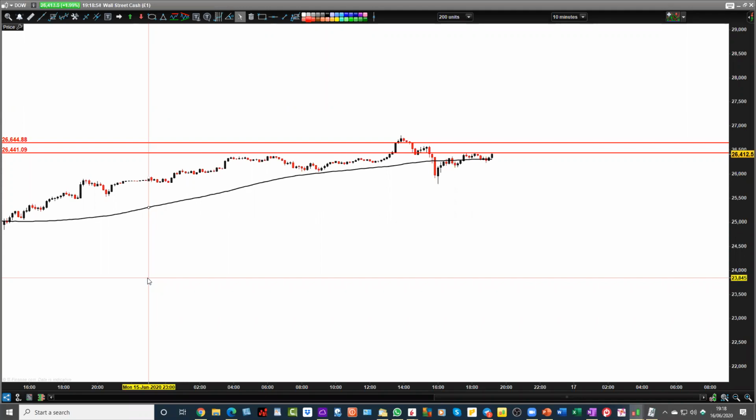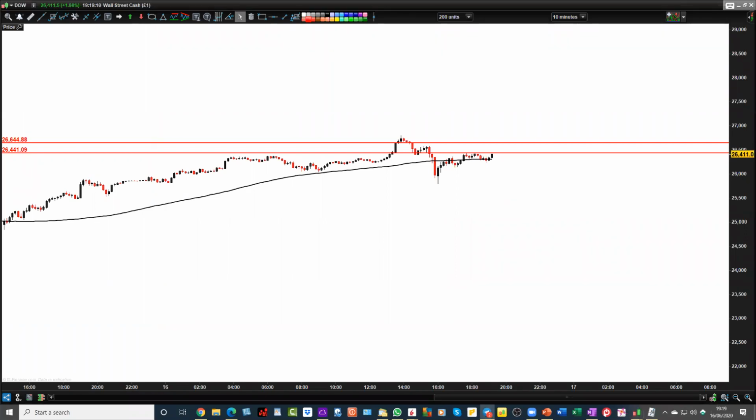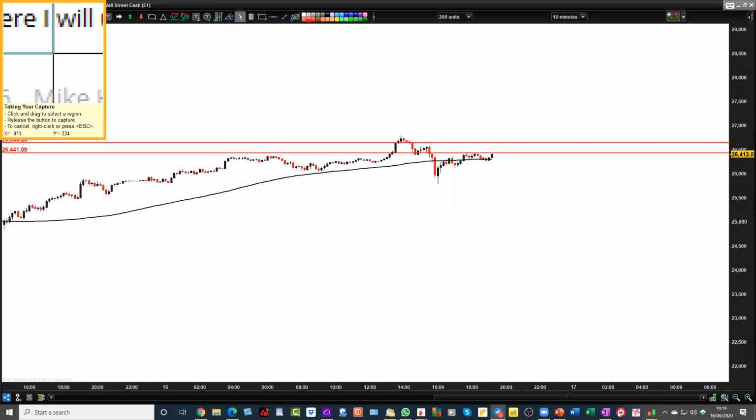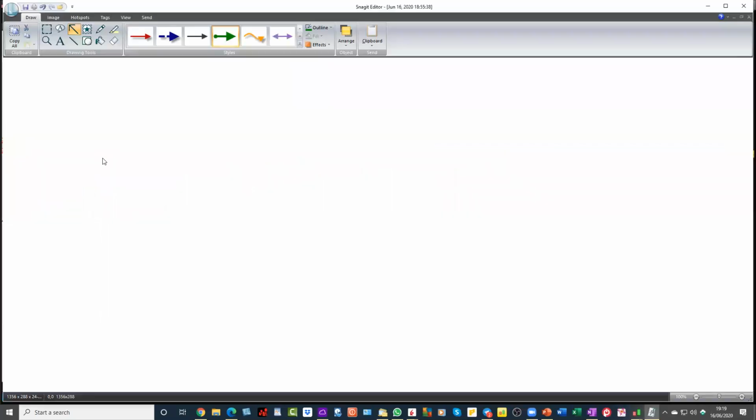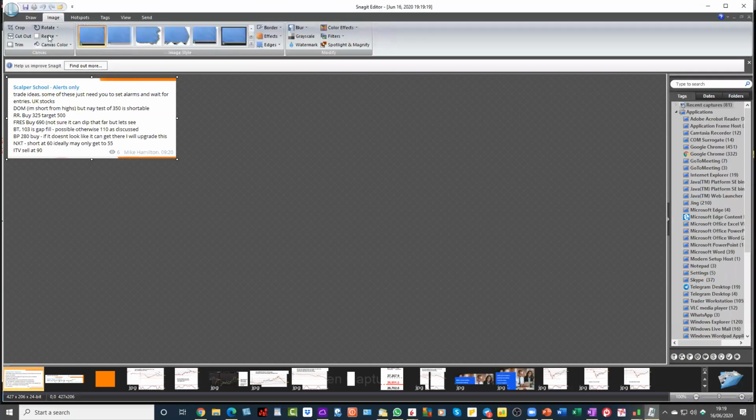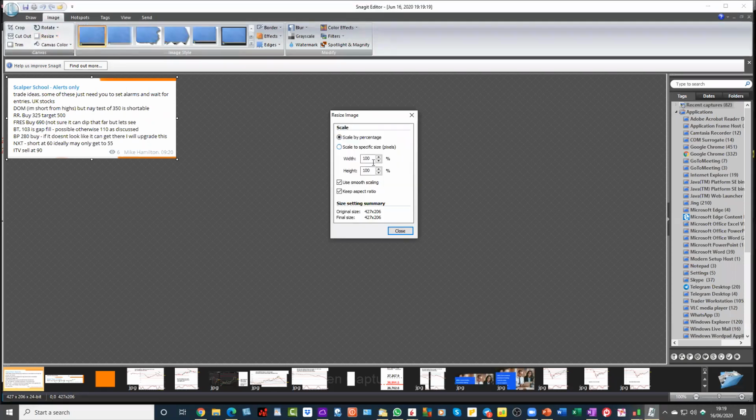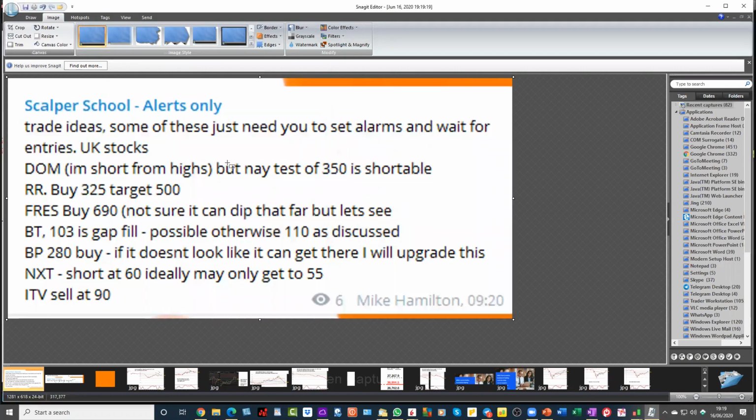Those alerts are mainly for swing trading, not for day trading. Well, actually most of the alerts are day trading, but I do put swing trading alerts in there. For example, I gave a list of stocks I was trading today. I said today, some trade ideas.